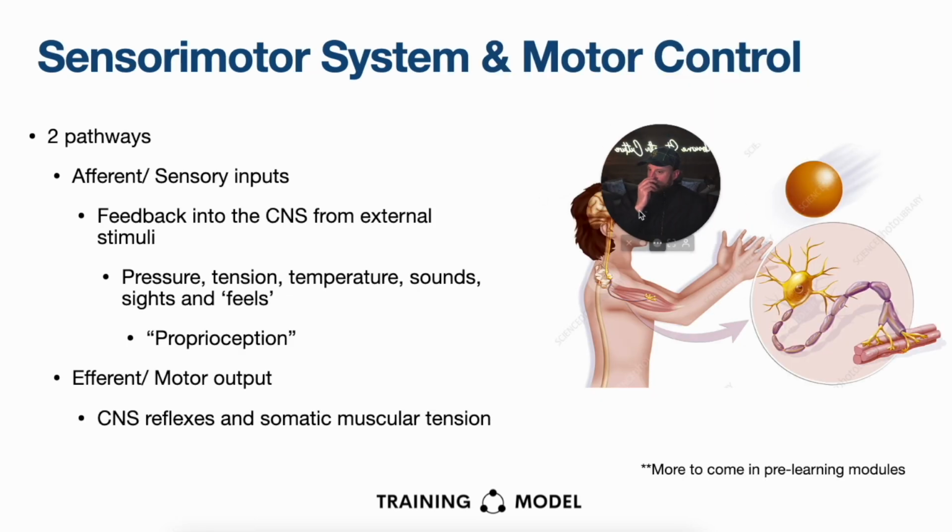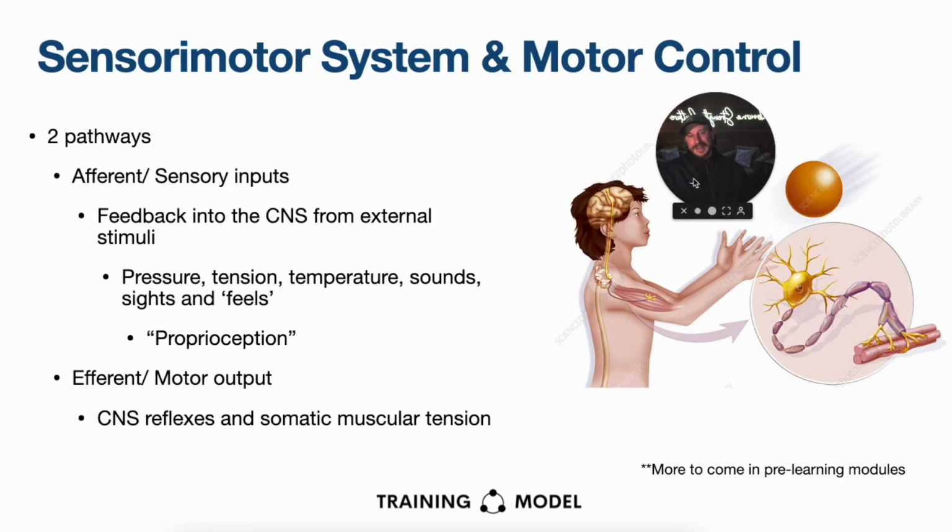Just a little bit more on motor control. Motor control lives within the sensory motor system. There are two pathways within the system itself. We have afferent pathways, a big fancy word that just means inputs. Sensory inputs come in and are received by the central nervous system, so it's feedback into the system.